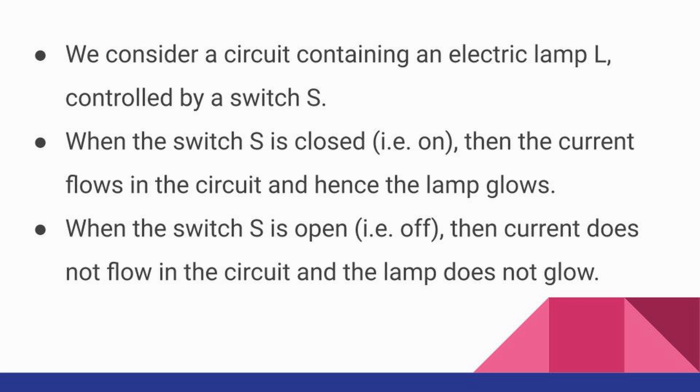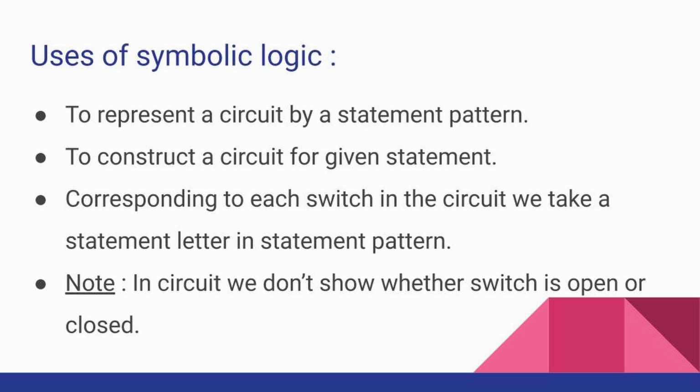We consider a circuit containing an electric lamp capital L controlled by a switch S. When the switch S is closed, meaning it is in the on position, then the current flows in the circuit and hence the lamp glows. The lamp glows when the switch is on. When the switch S is open, meaning that it is off, then current does not flow in the circuit and the lamp does not glow.